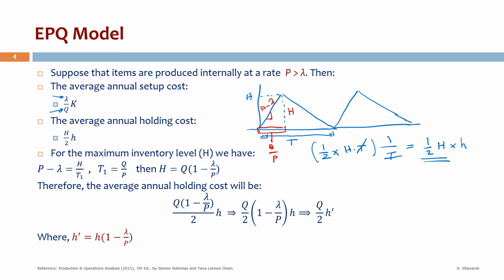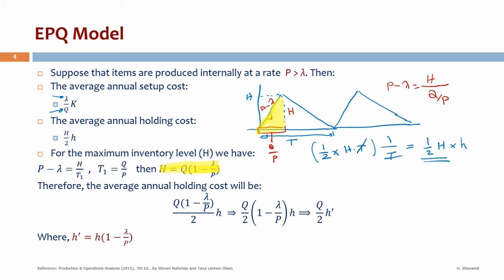So for this triangle, let me show with a different color here, the slope P minus lambda will be H, the height, divided by the base, which is Q over P, right? So by having this, we have this equation: H, the height, equals Q times 1 minus lambda over P, okay?